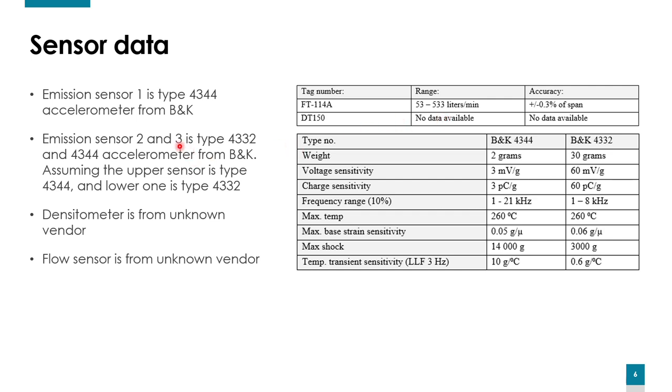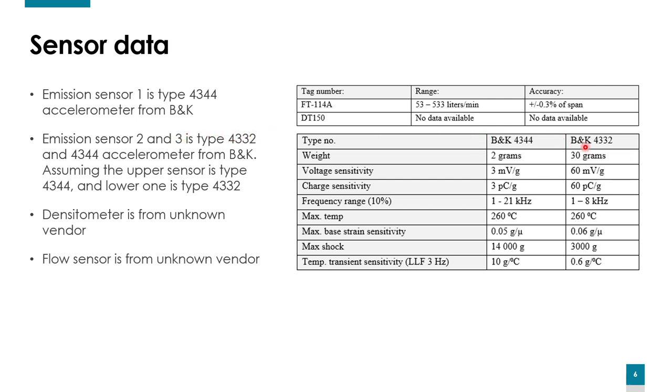As we talked about, there were two different sizes of these emission sensors. You have one that is type 4332, and actually you have two of those, and those are the bigger ones.